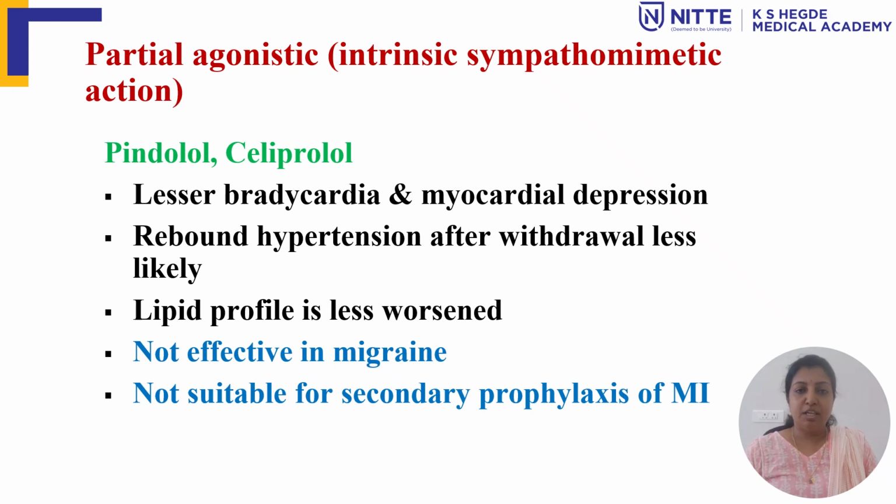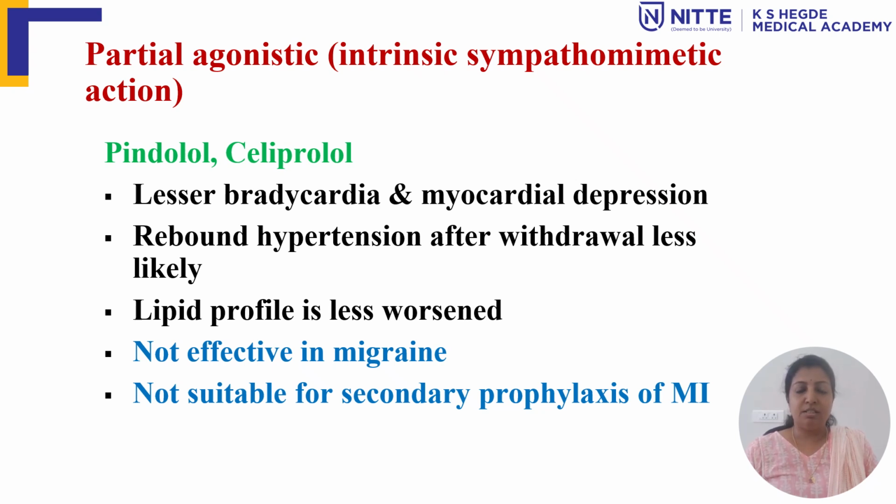When we were discussing classification, we saw non-selective beta blockers. Again, two subtypes were there: beta blockers with intrinsic sympathomimetic action and beta blockers without intrinsic sympathomimetic action. What are beta blockers with intrinsic sympathomimetic action? Beta blockers have an antagonistic, blocking property on the beta receptors.